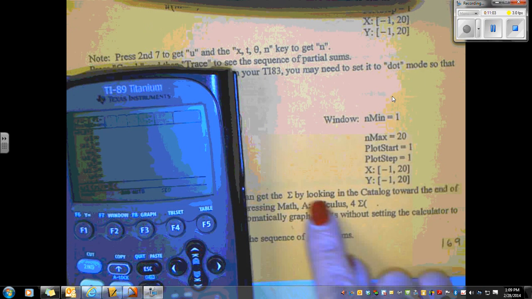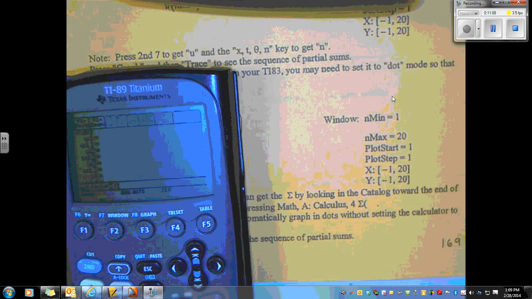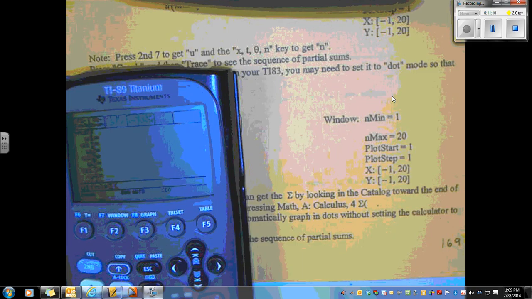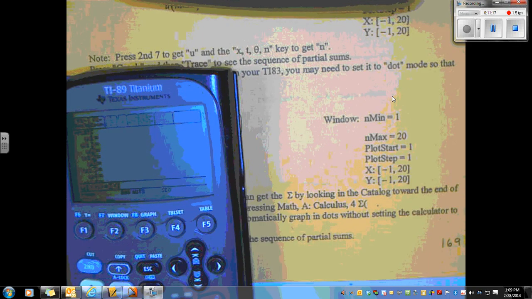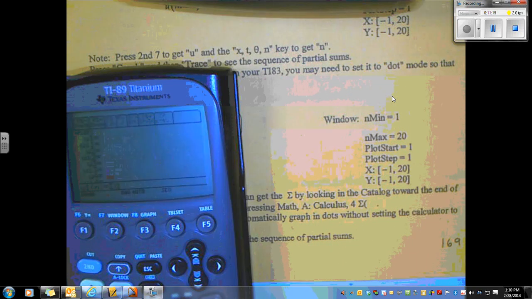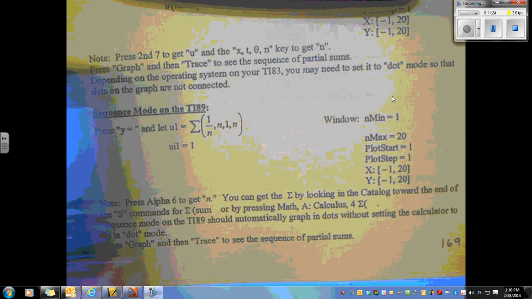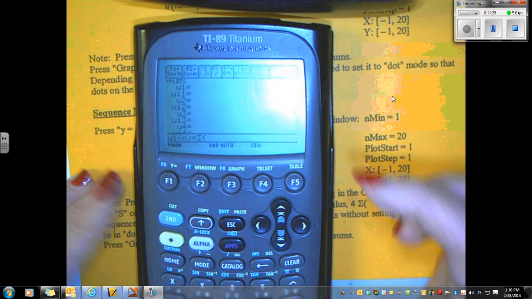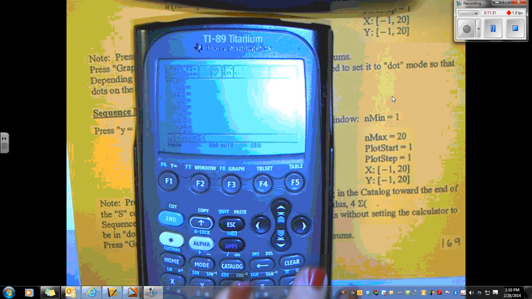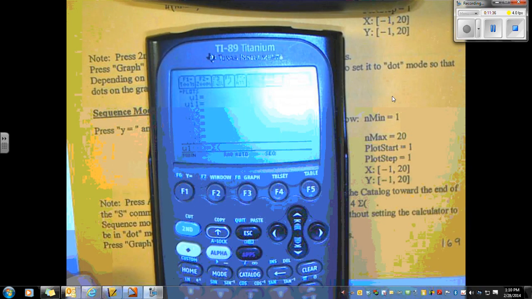Second 5, math, and you go down to calculus. Is everybody down to calculus? On here it says calculus is A, but it's B, because we must have the newer version of the calculator. And we want to use summation. So that's number 4.